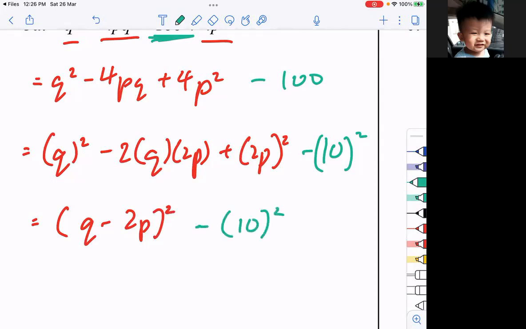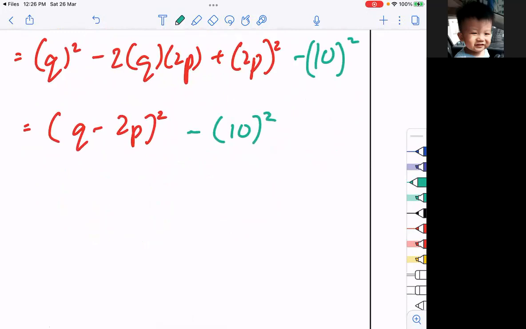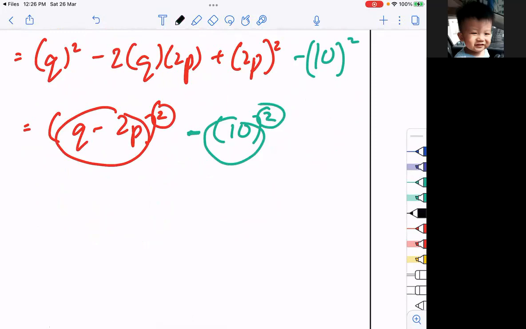We're not done yet, it's too difficult. So what does this look like to me? First, second, third formula. Okay, it's the third formula: something squared minus something else squared, which can factorize into the formula.